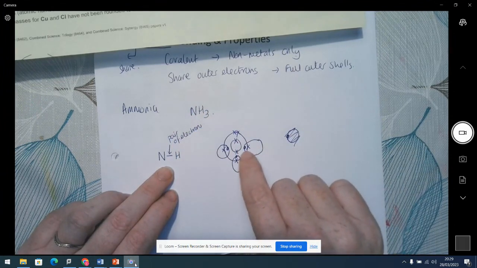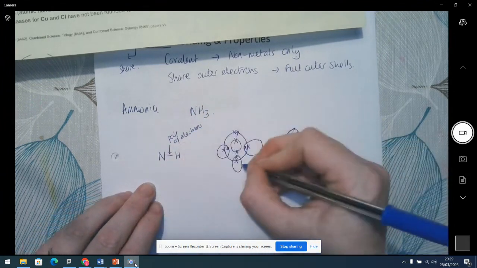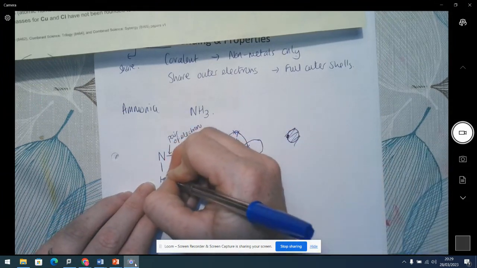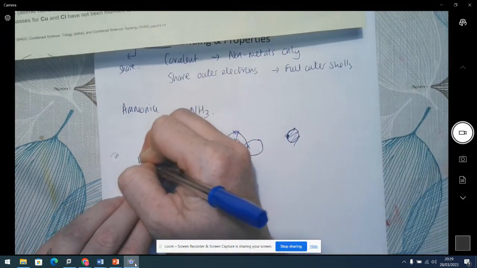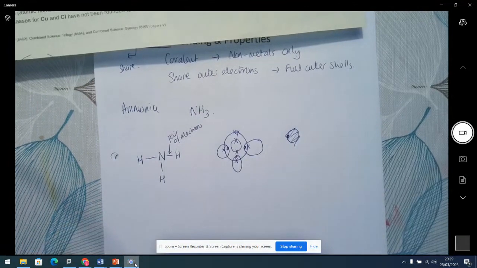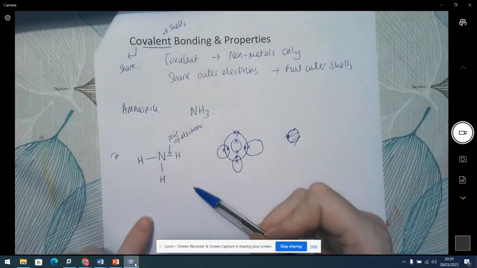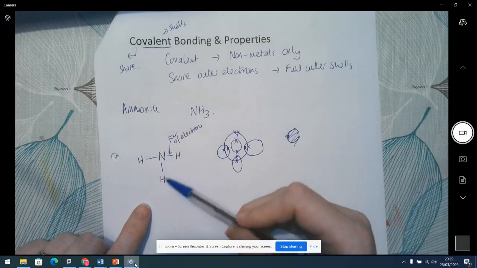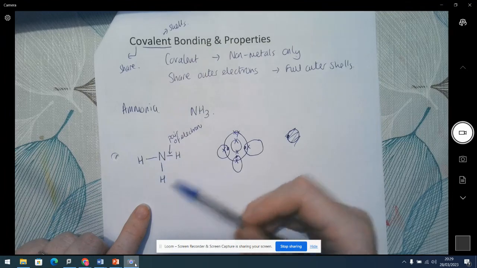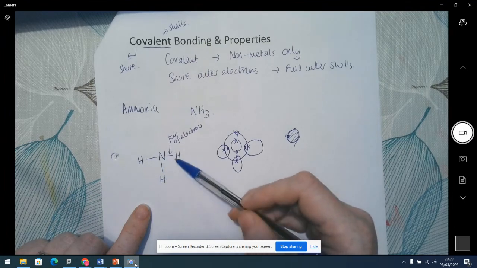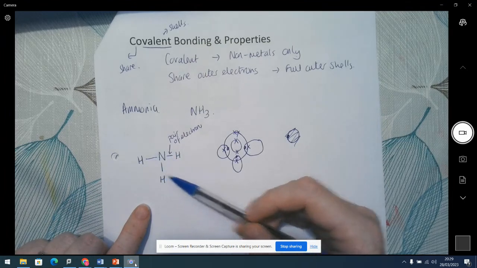They're sharing those electrons to work together. And again, I've got another pair there, so I've got my hydrogen and another pair there. I've got that diagram like so. Now, this is what we call our stick diagram. You can see here, I have got my covalent bond, my non-metals. Each line's a pair of electrons.